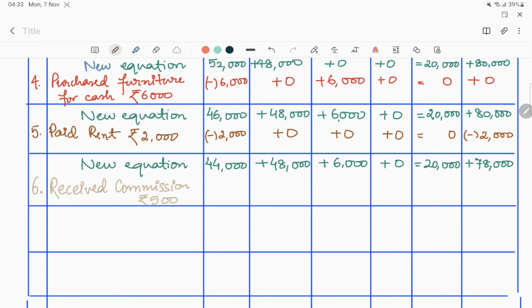So this commission amount will add to his cash on the asset side. So in the cash column you have to write plus 500.